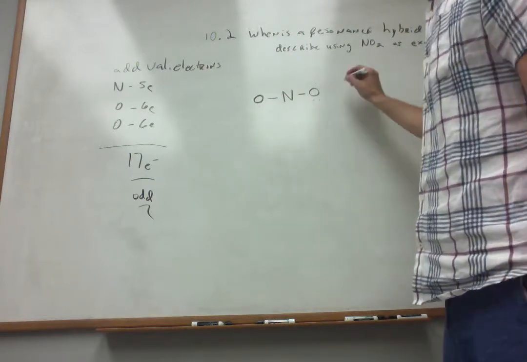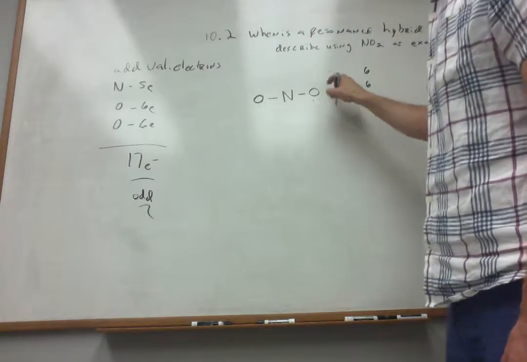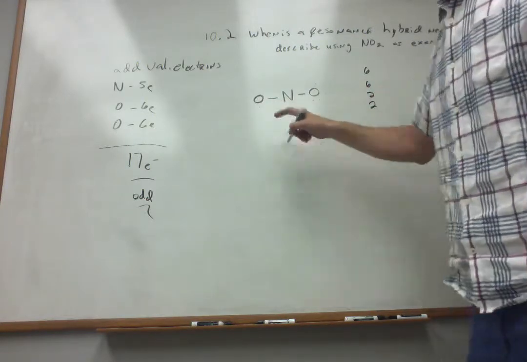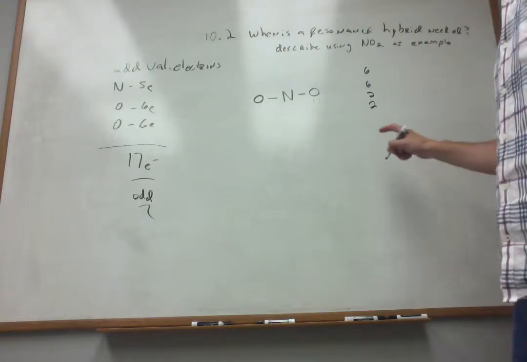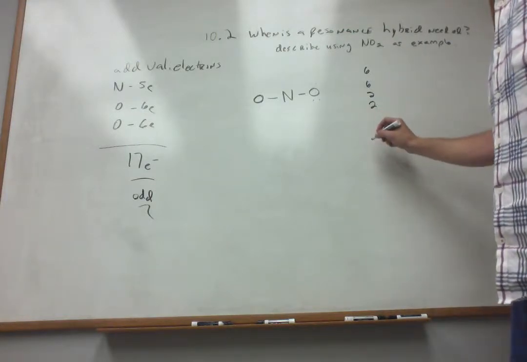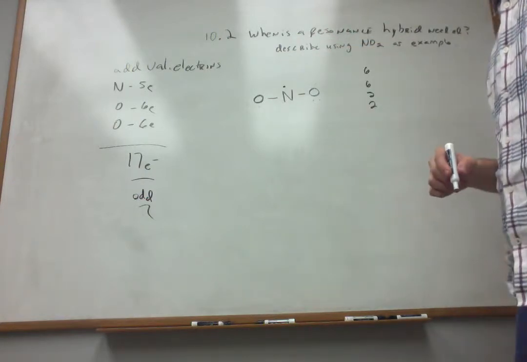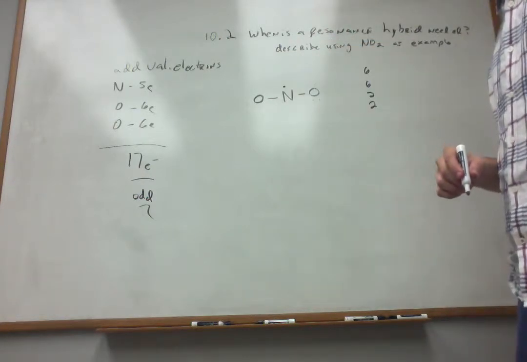So that's 6, 6, 2, and 2 for each bonding pair. Where are we at with that? Right now we're at 16 electrons, so we've only got one more to use, and I'll put that in the center on nitrogen.